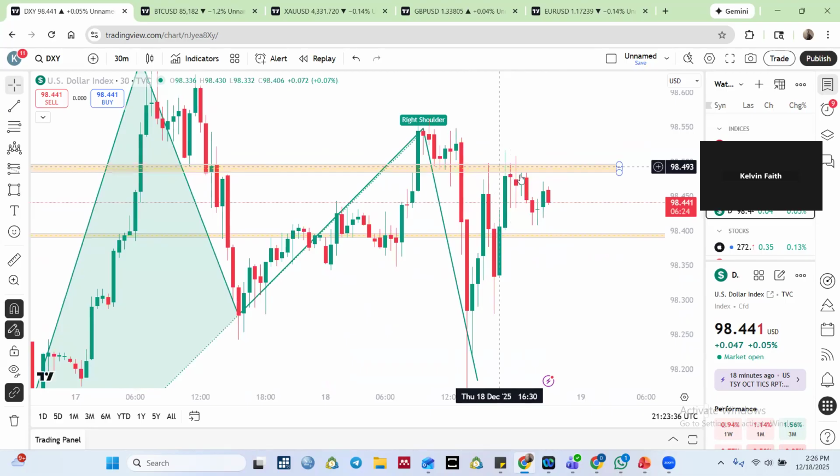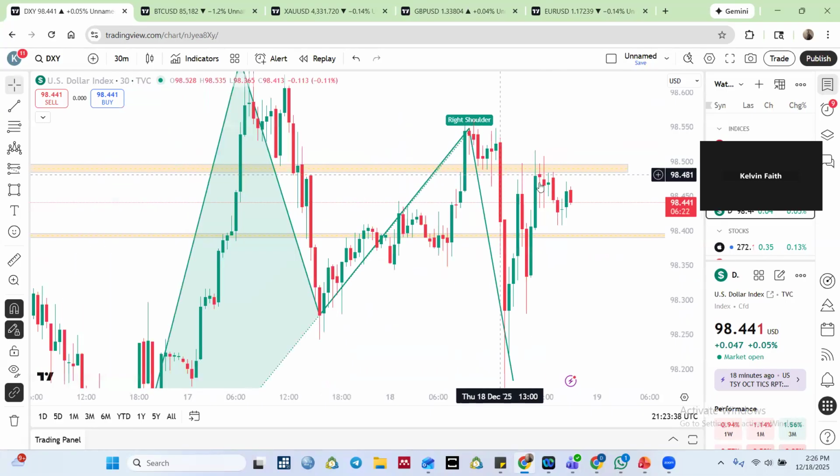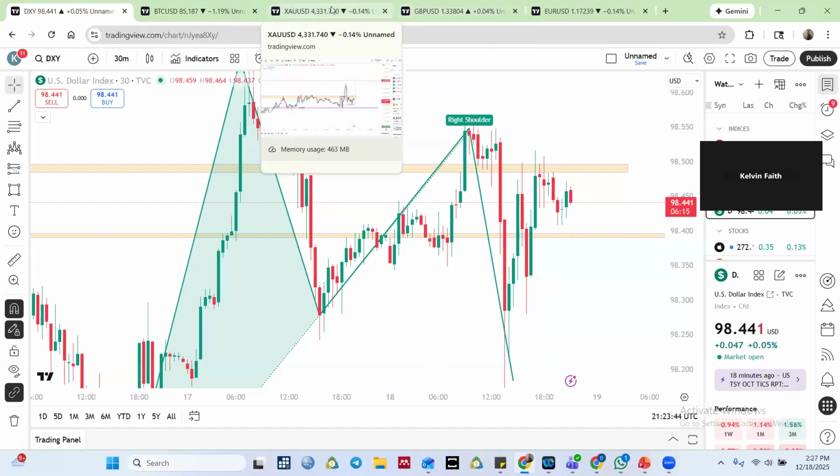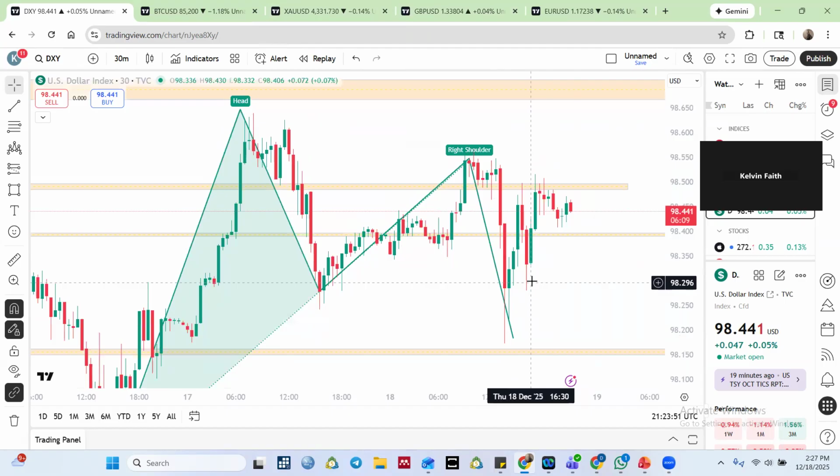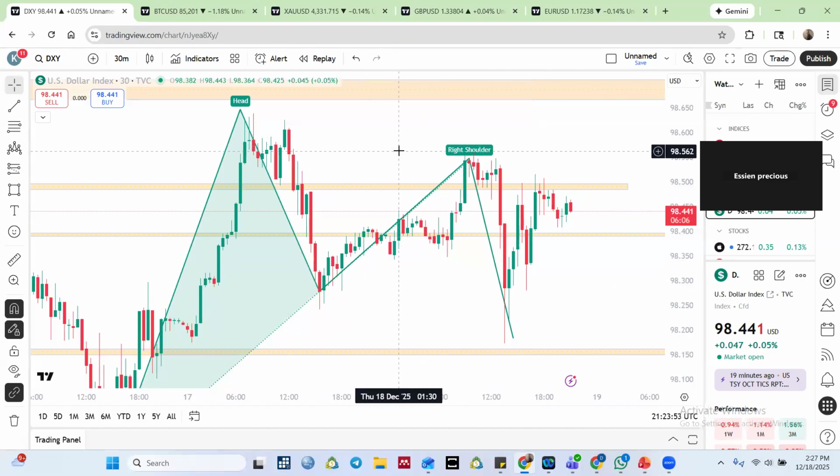The opposite version of this is what is happening on EURUSD or GBPUSD, because if the DXY is going to sell, EURUSD is going to buy. They have a negative correlation.